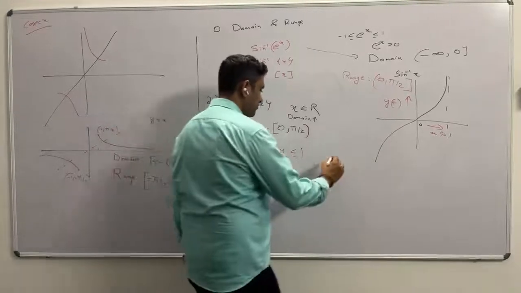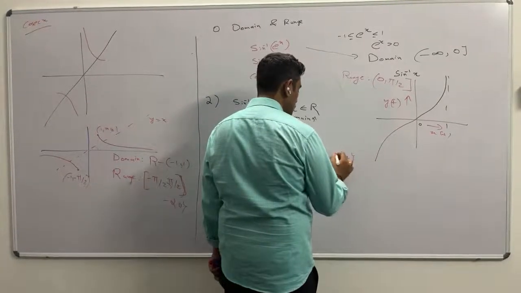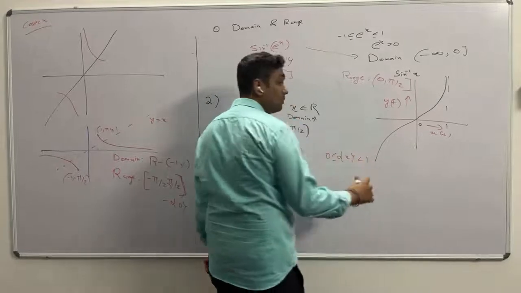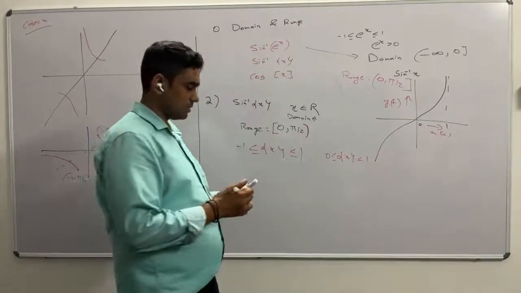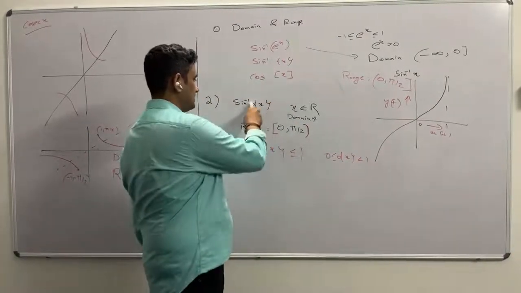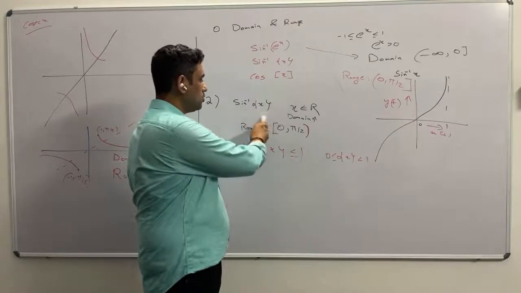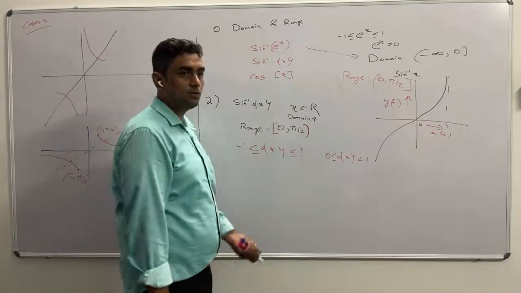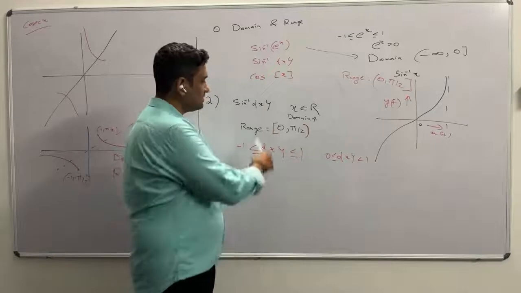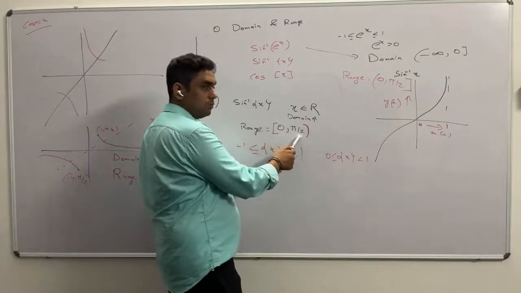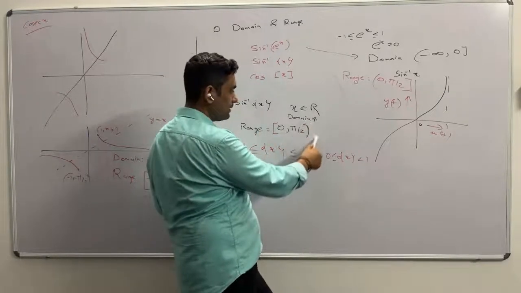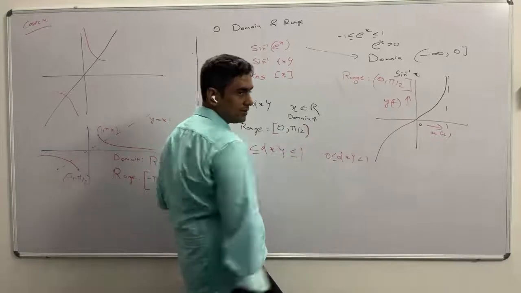In fact, fractional part of x will lie from 0 to 1. Even 1 will not be included. So because this thing goes from 0 to 1, and 1 is excluded, I get pi by 2 at 1. So that's why pi by 2 is excluded. 0 to pi by 2, everything.